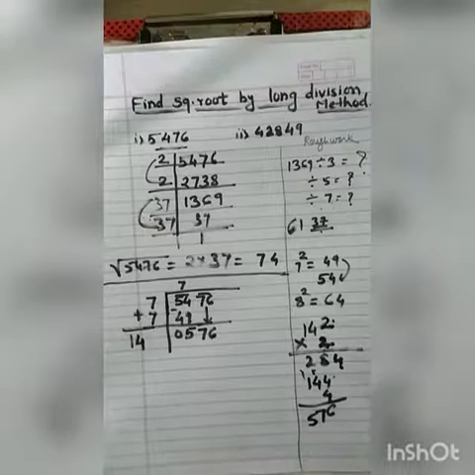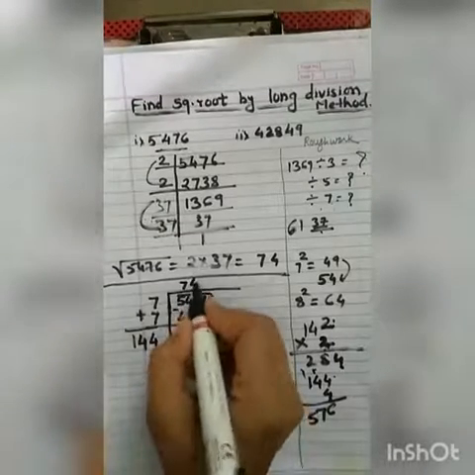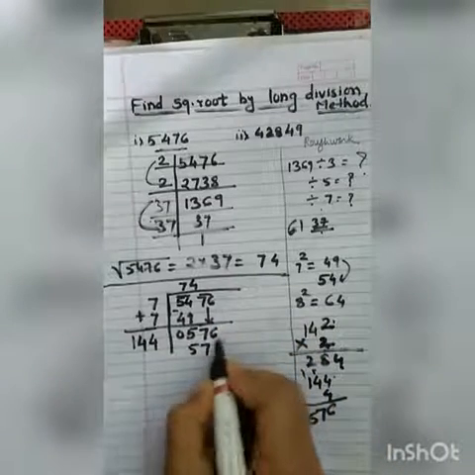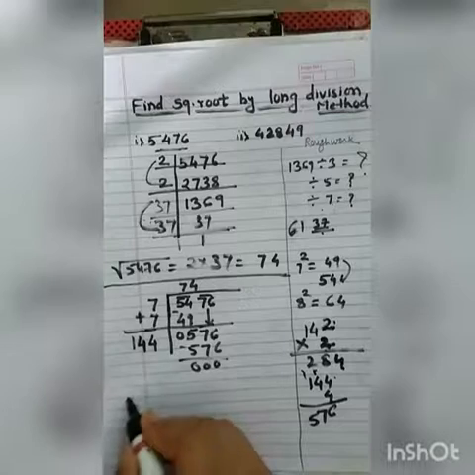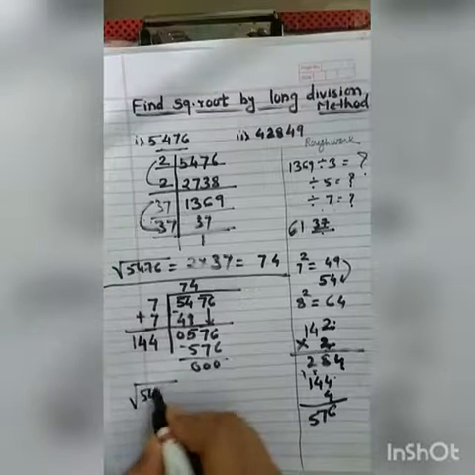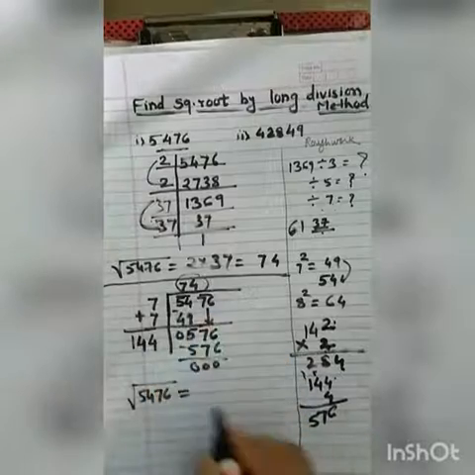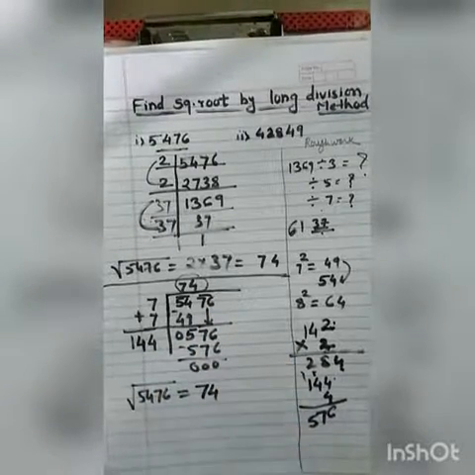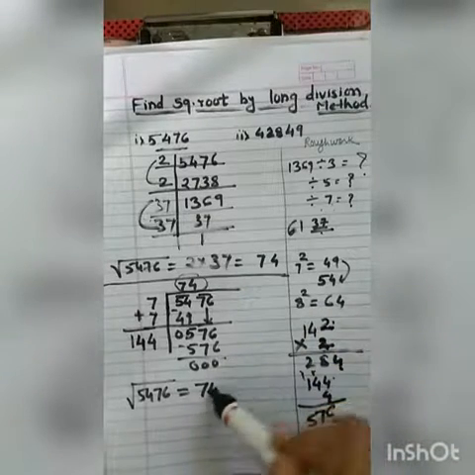So I got 576. So I will take 4 here, and 4 here also, and it will be 576. So what is the square root of 5476, which is your question? It is 74.